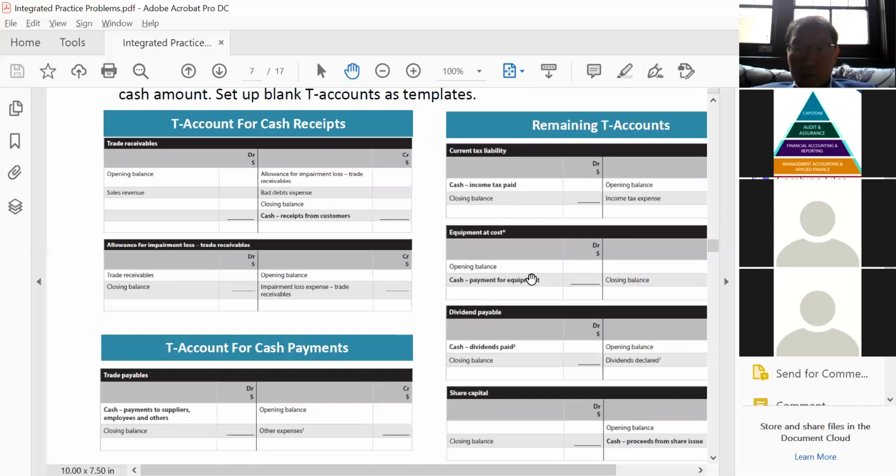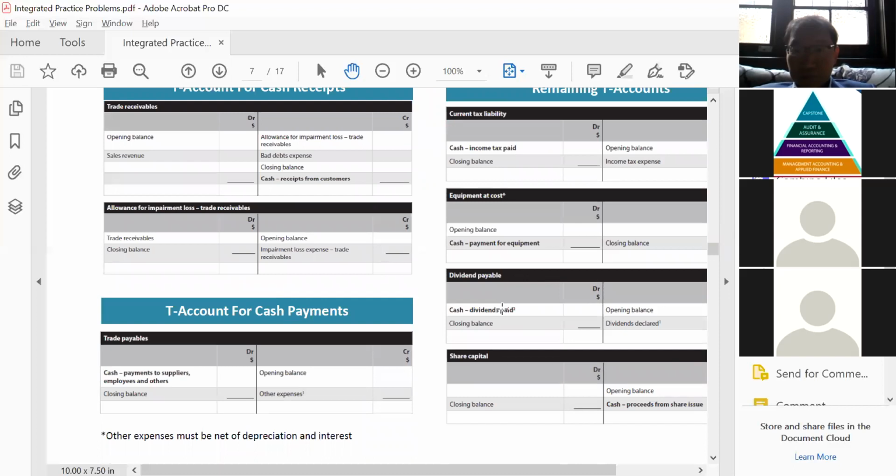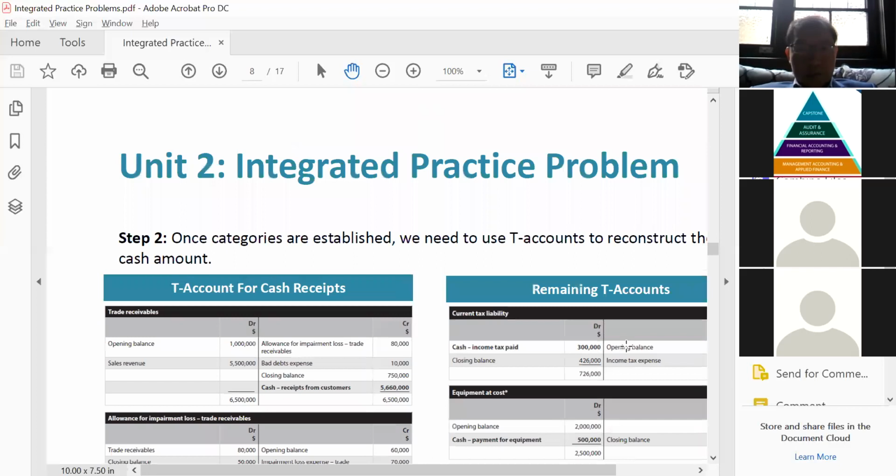Equipment at cost. So again, what's the opening? What's the closing balance? What was the cash payment for equipment? For dividends payable, what was the actual dividend paid? Okay, and then for share capital, what was the amount that was issued by the company? So working through all of this, it's simply going to be a matter of taking the information from the question and then to plug in the different parts.